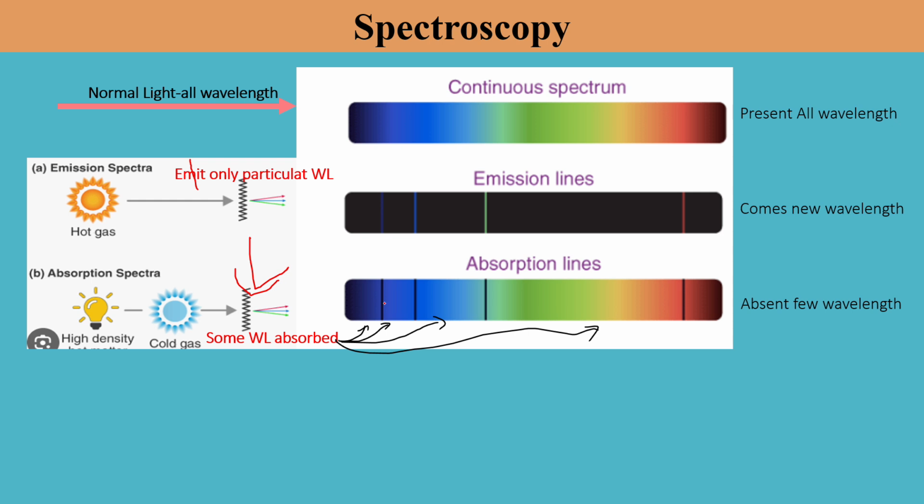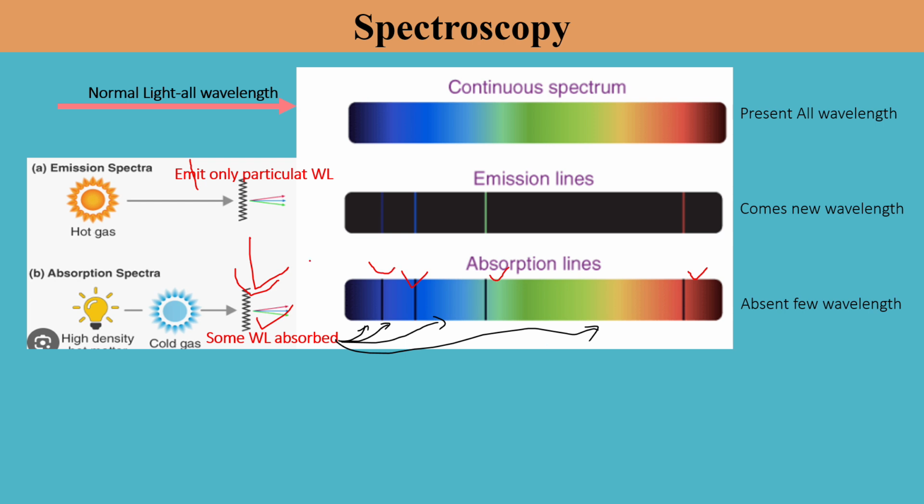So the transmitted light lacks some wavelengths which were absorbed by the material. In the absorption spectrum you can see some dark lines. A dark line denotes the absence of a wavelength.